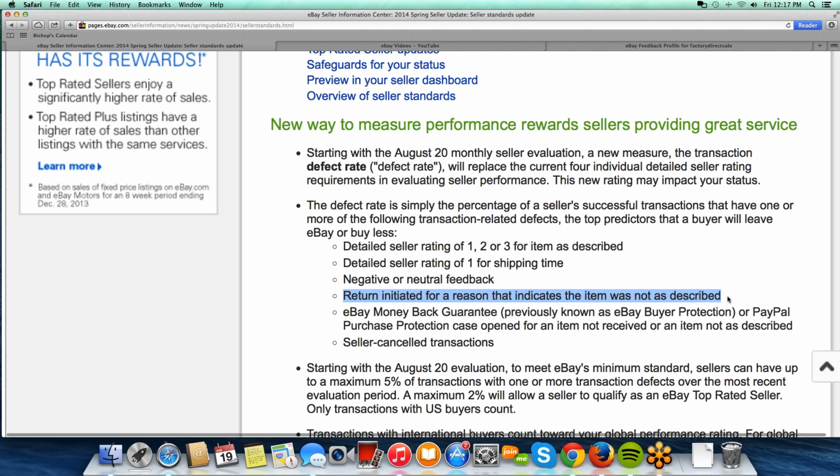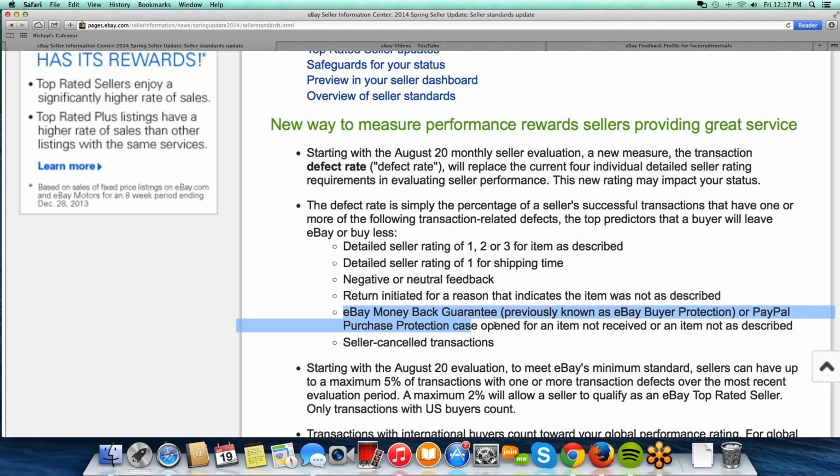Fourth one is return initiated for a reason that indicates that the item was not as described. In other words, if your buyer processes a return because they didn't feel the item was what they thought they were getting, back to our example, they didn't get the umbrella, so the item technically wasn't as described, then you can get a defect for that.